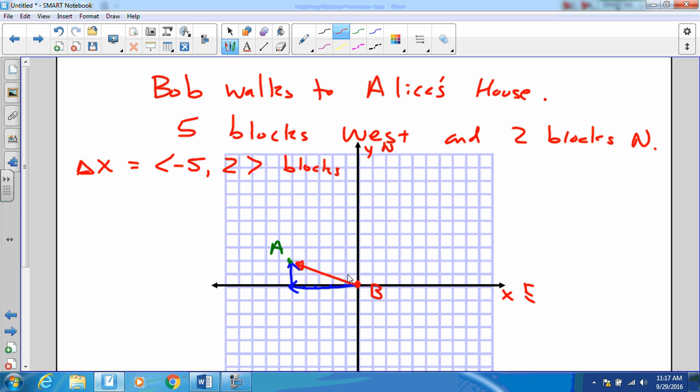And this pair of numbers right here that represents his change in position, we're going to call a vector that points 5 to the left and 2 up. So Sean and then Matt. Go ahead. Your little triangle, like half triangle piece in front of the 5 and after the 2. Yes.